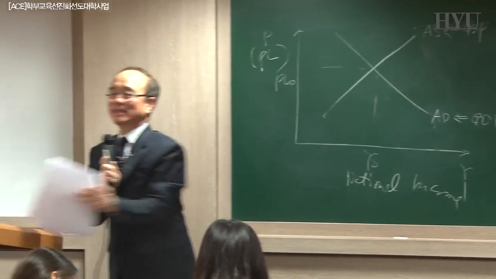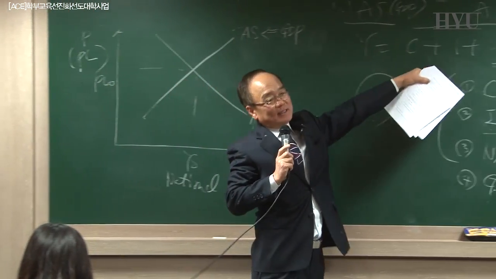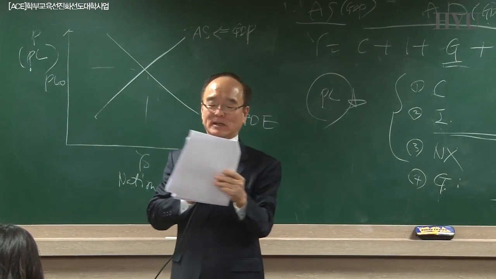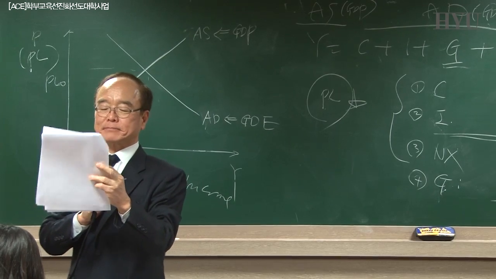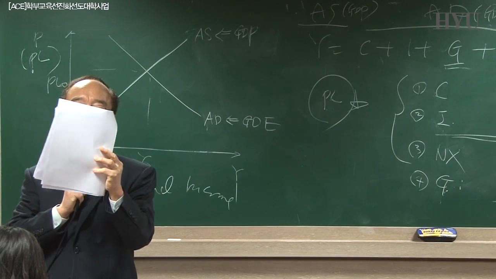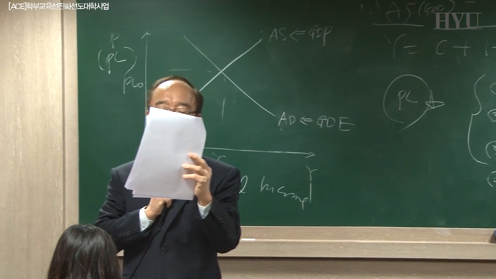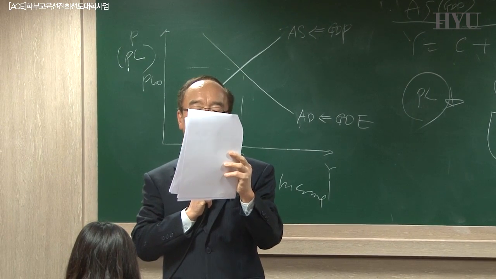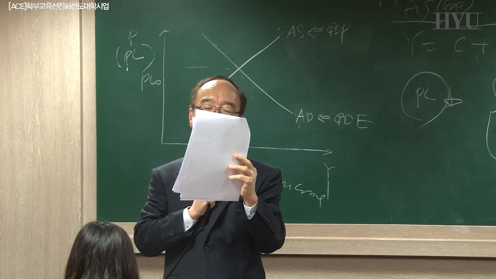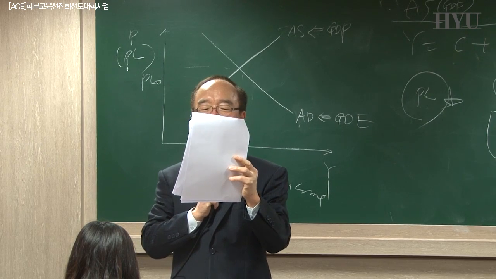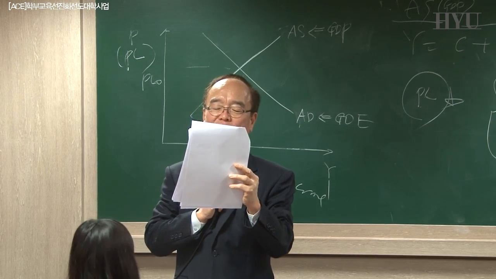Okay. The second one, I, is a little bit tricky. But anyway, as for now, you just follow me. P falls, real money balance goes up. Hold this issue until next time, but simply follow what I say, even if you don't understand.